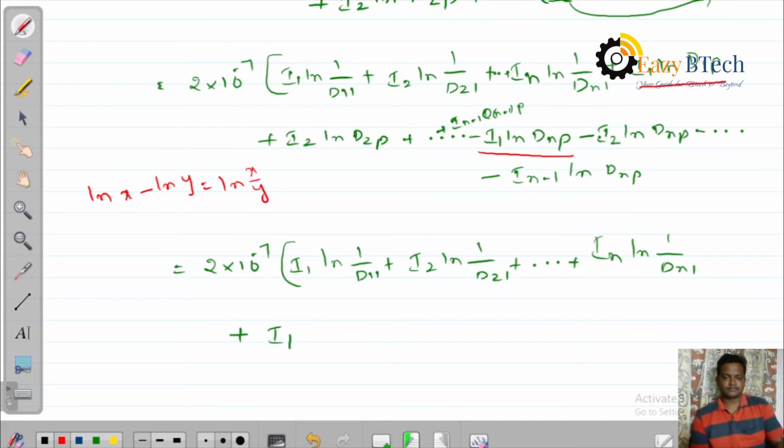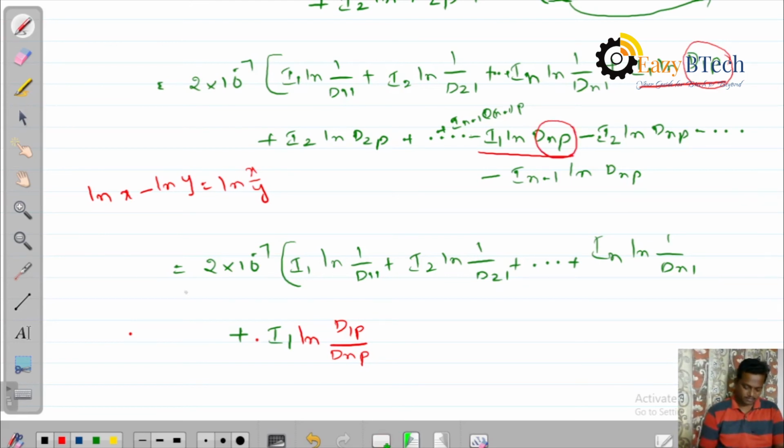Therefore what you get here? Write that term in this equation. What you get? I1 into ln d1p by dnp. This is x, this is y. Okay, x by y we can get d1p by dnp.